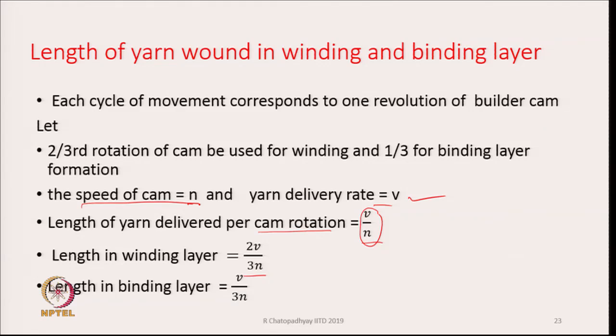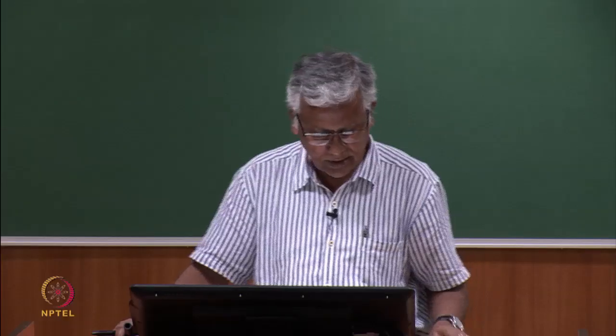If we have the gearing diagram, we can find it out, and also we can find out from the gearing diagram what is the delivery rate of the yarn. If these two things are known to us, we can easily calculate theoretically how much yarn length is going for winding layer formation and how much is going for binding layer formation.